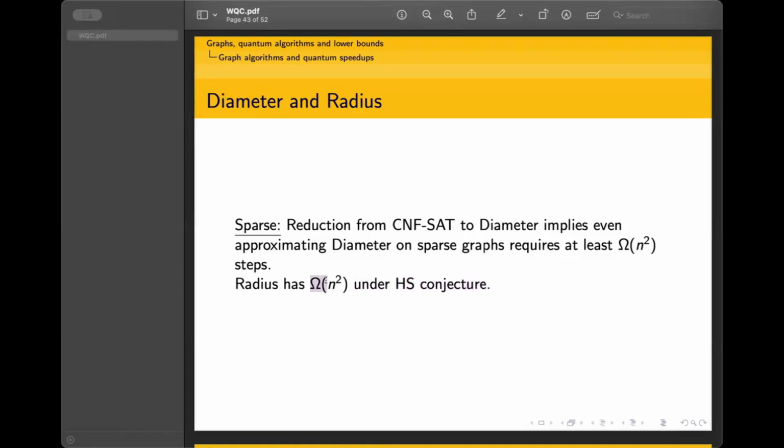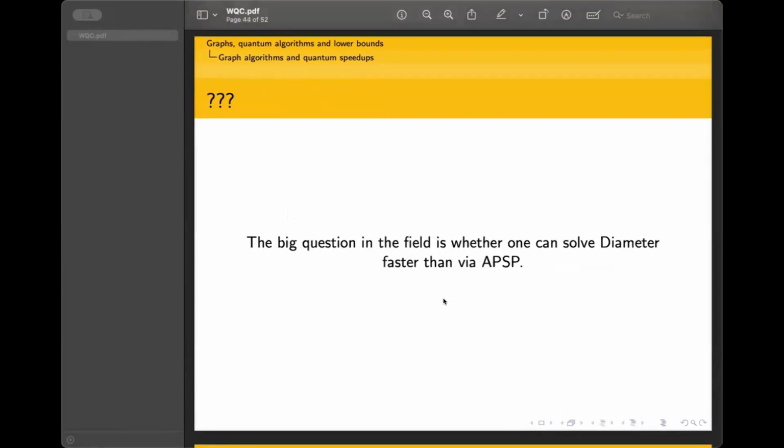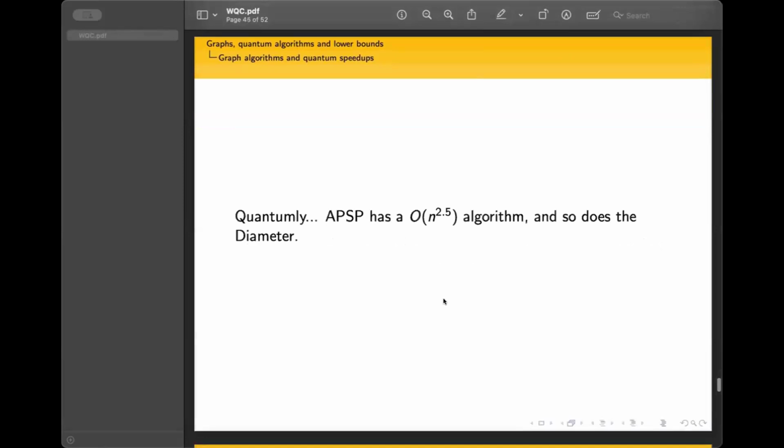Under this, you can show the hardness of radius. So as I mentioned, the very big open question in the field is whether you can solve, in particular, diameter faster than via all pairs shortest paths. And if you have some good results on it, you can certainly get very famous.